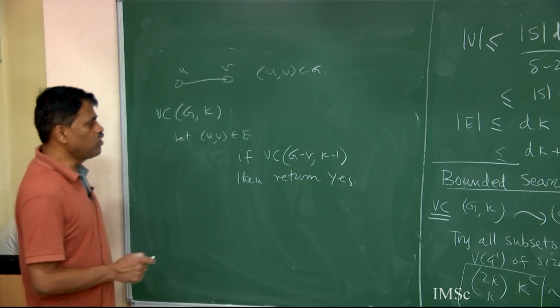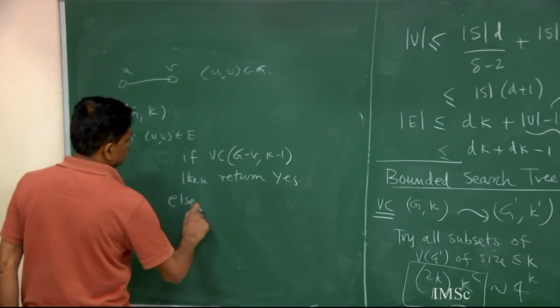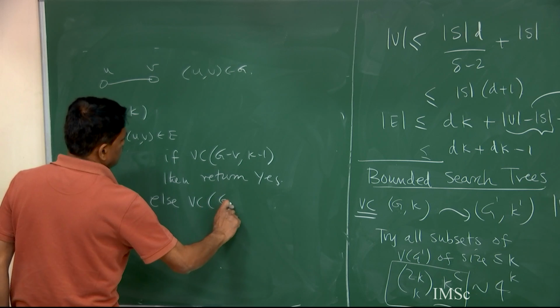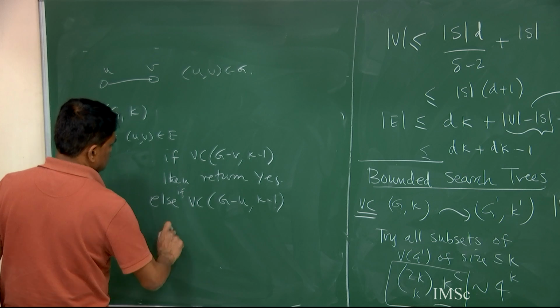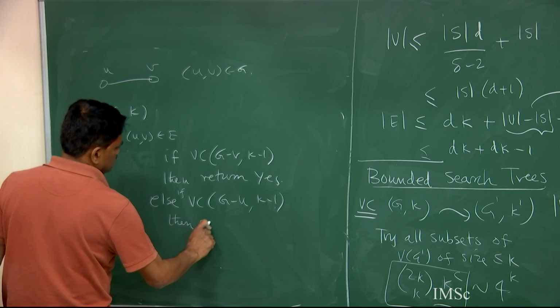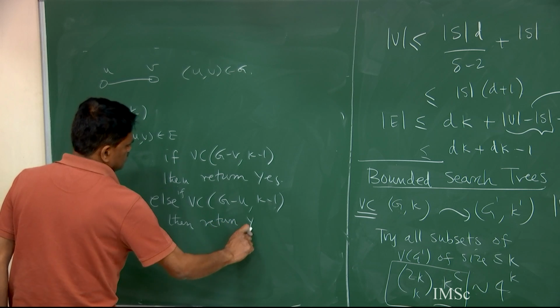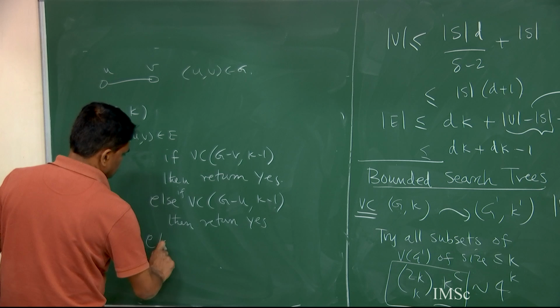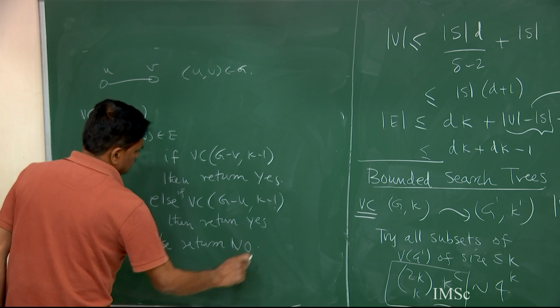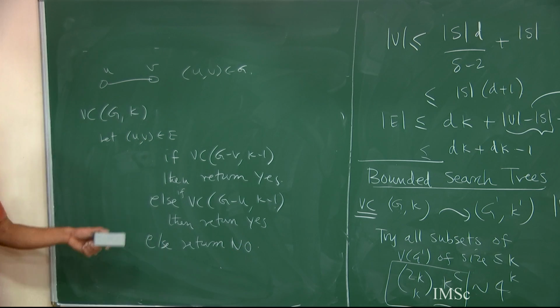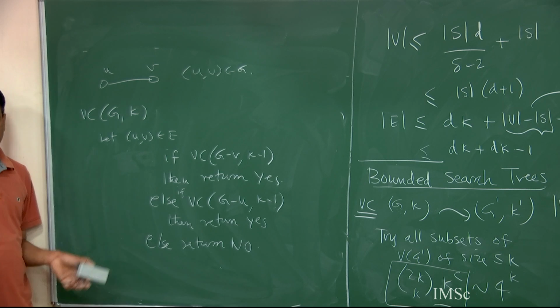If it says no, try the other vertex. And if that also fails, you just come back and say there is no vertex cover of size at most k.